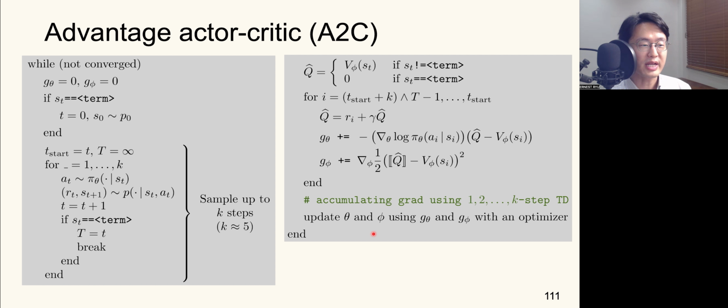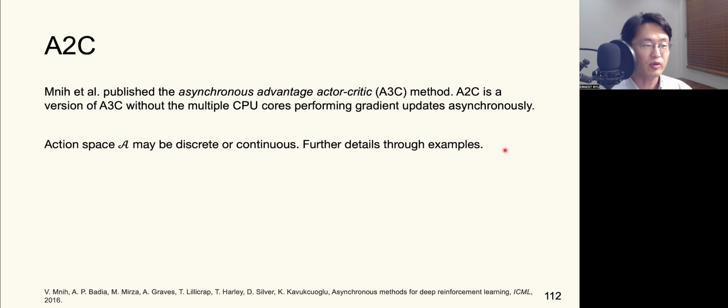I'm referring to this algorithm as A2C, advantage actor critic. It's named so because we're computing an advantage estimate, and we have a policy pi serving as an actor, and the value network V phi acting as a critic. However, this algorithm was originally published under the name A3C, which stands for asynchronous advantage actor critic. So A2C is a version of A3C without the multiple CPU cores performing gradient updates asynchronously.